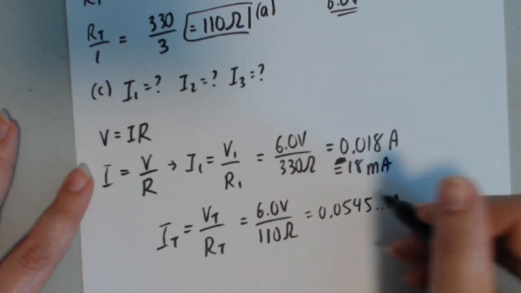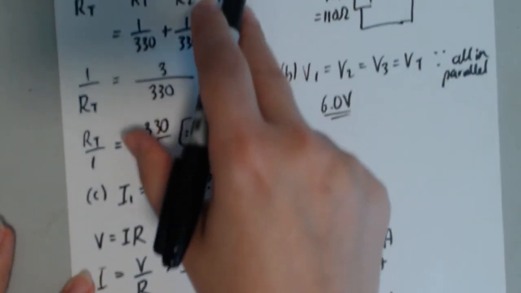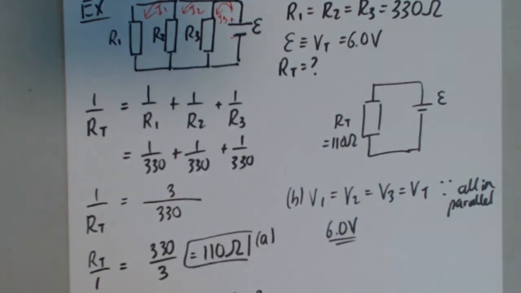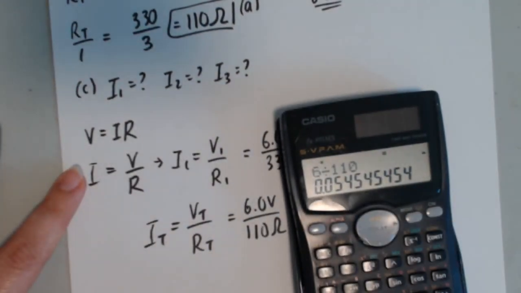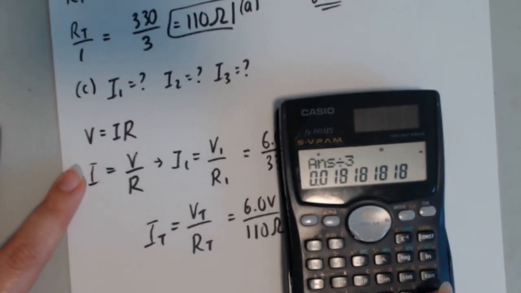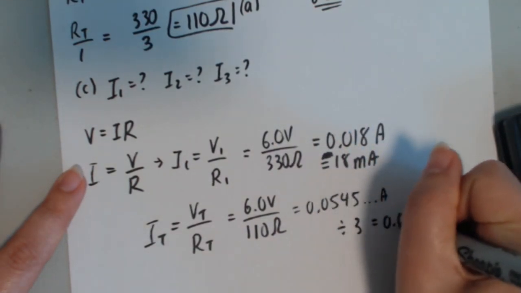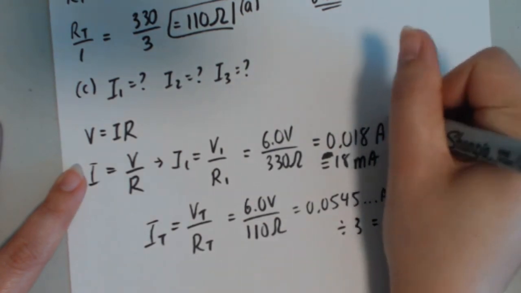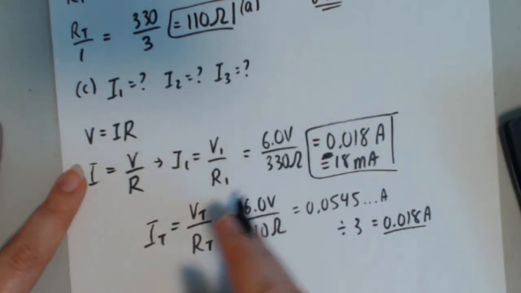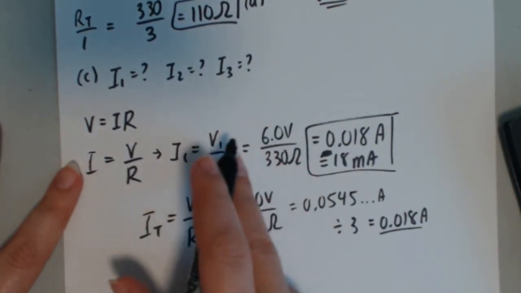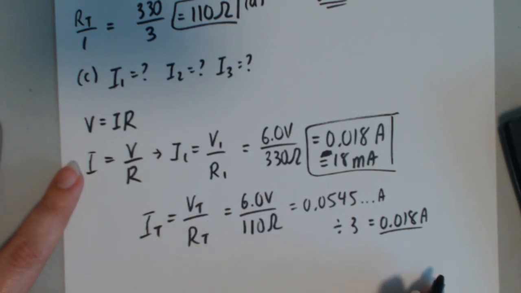So this would be the total current going through the battery, 0.0545. And if you take that and you divide it 3 ways, you get 0.018 amperes. But there is your answer. So you find it individually, which is technically always going to work for you, or you figure it out based on logic, which also works.